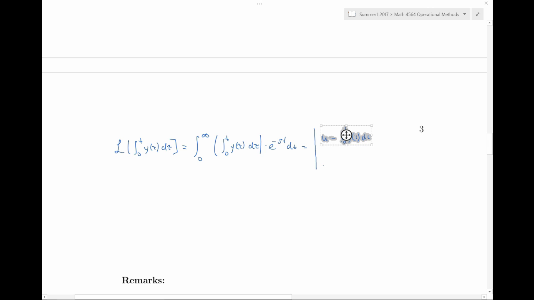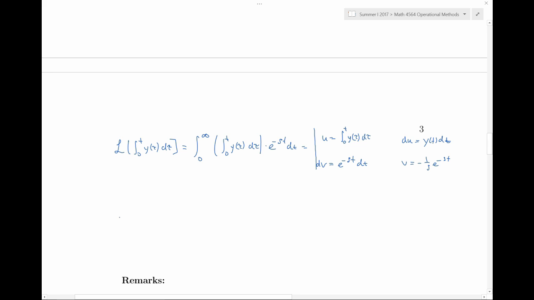And dv is going to be e to the minus st dt. Well, that will make du simply y of t dt, because the derivative of the antiderivative is the original function. And we'll make v to be minus 1 over s e to the minus st.